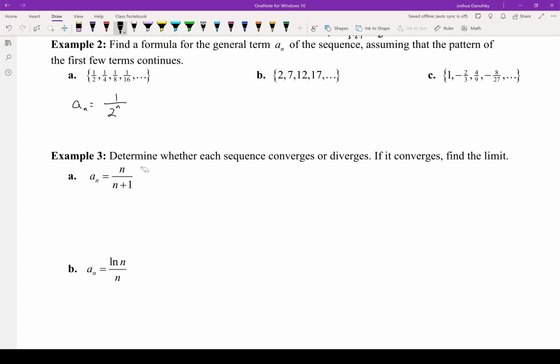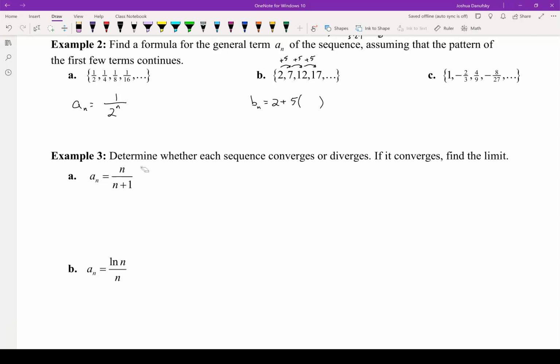Part B: 2, 7, 12, 17. So here we hopefully notice that we're adding the same quantity, plus 5 each time. So b sub n is going to equal 2 plus 5. Now, that's how we get our second term.